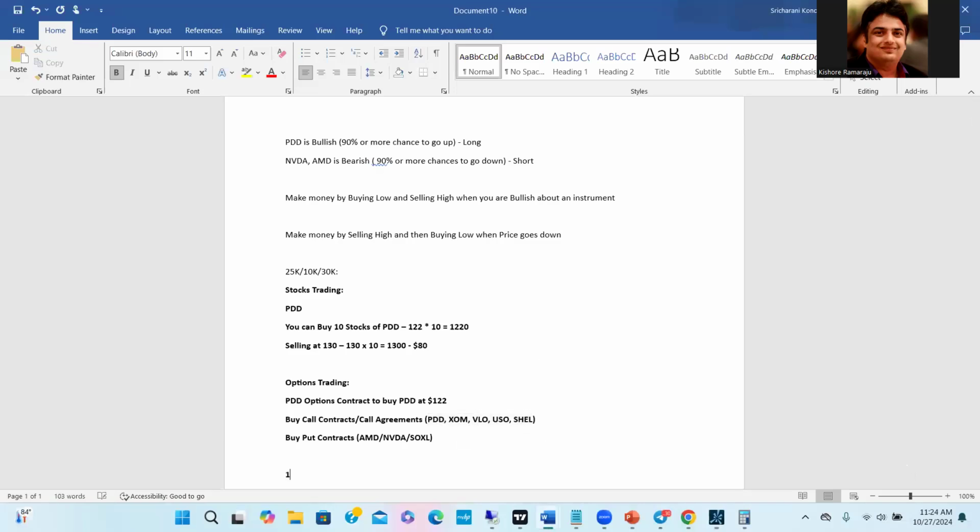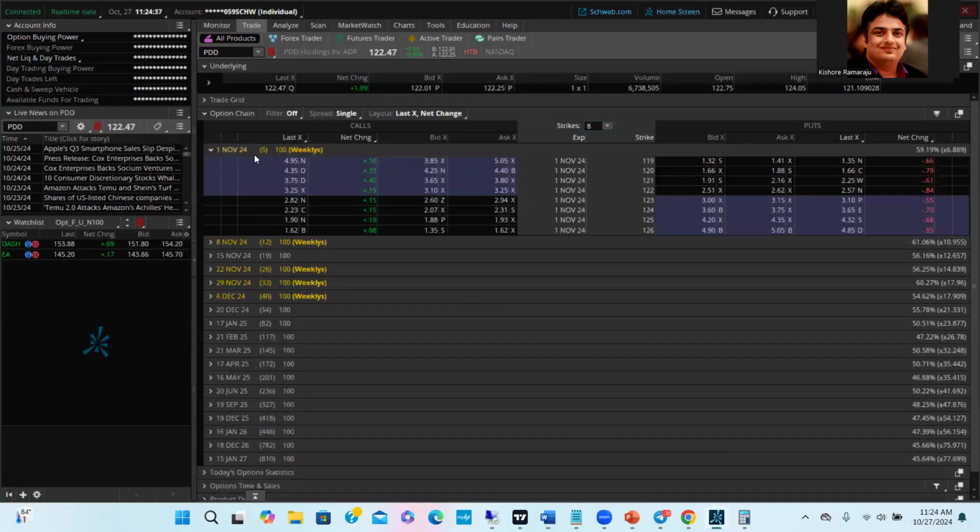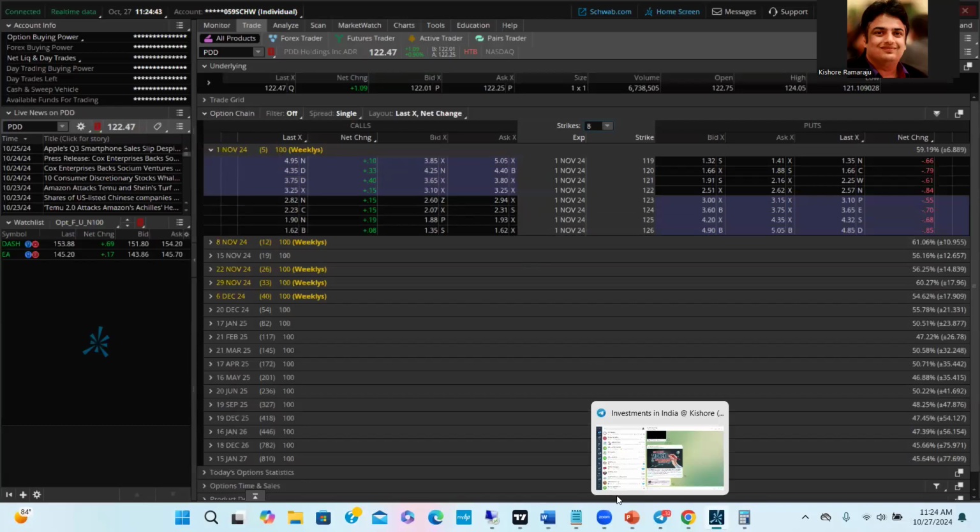That means one stock. So to buy PDD stock at 122 before, so what is the date here? Expiry date 1st November. You don't need to have all the money tomorrow itself.